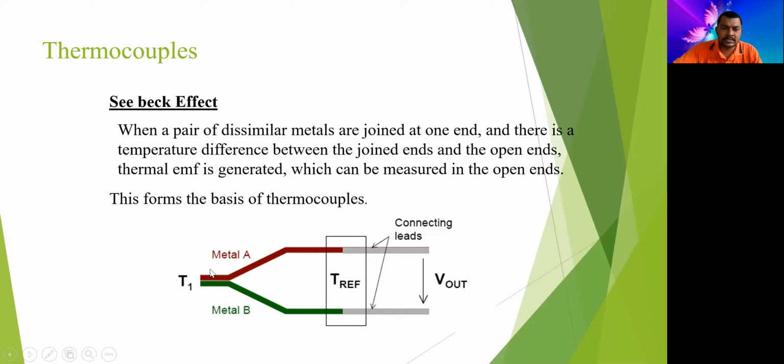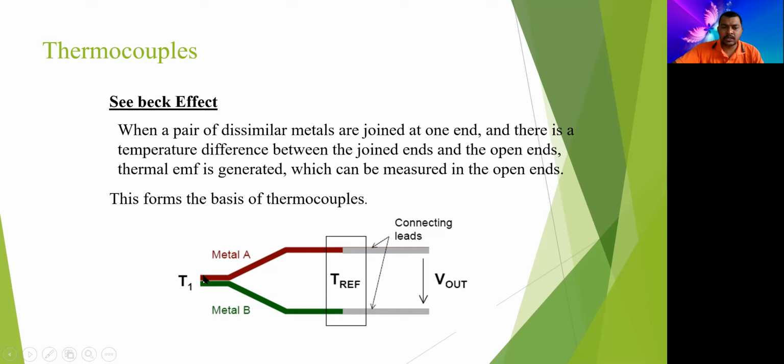So what happens? Due to this temperature, the heat is transferred from this point to this point, and similarly, this metal will also take the same heat from this portion to this reference point. We keep this at absolute zero, meaning this is kept in ice. These two ends are kept in ice so that we take the T reference over here.